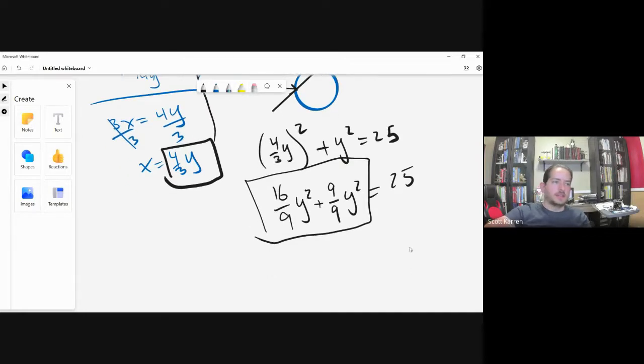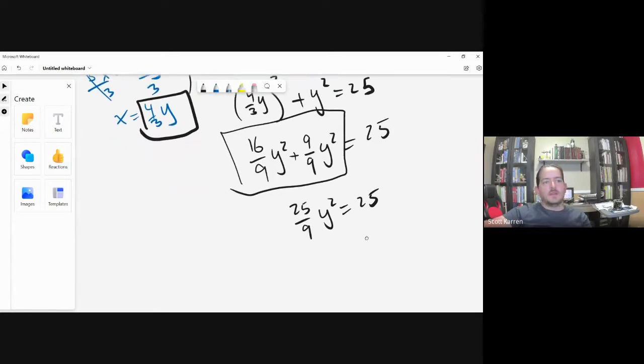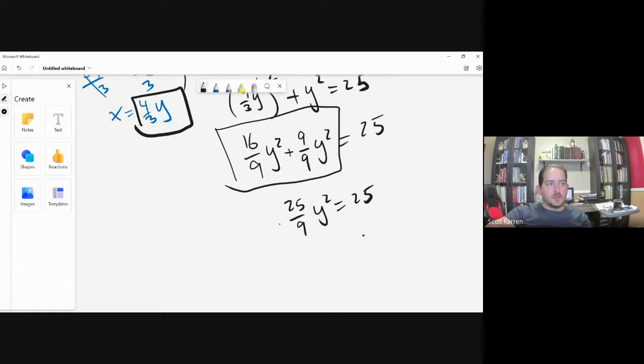And then I get 16y squared plus 9y squared all over 9. That's 25/9 y squared equals 25. To isolate the y completely, I'm going to multiply both sides by 9/25.